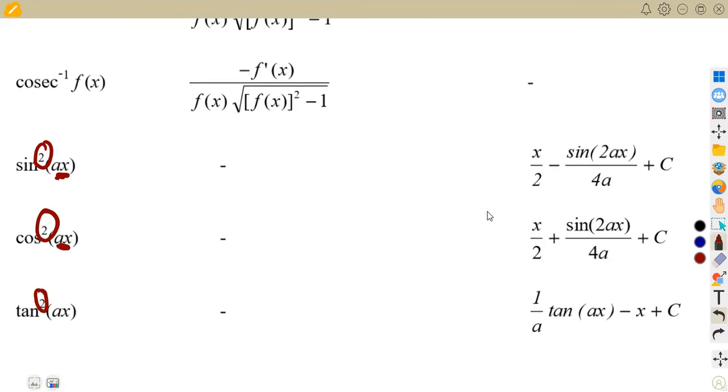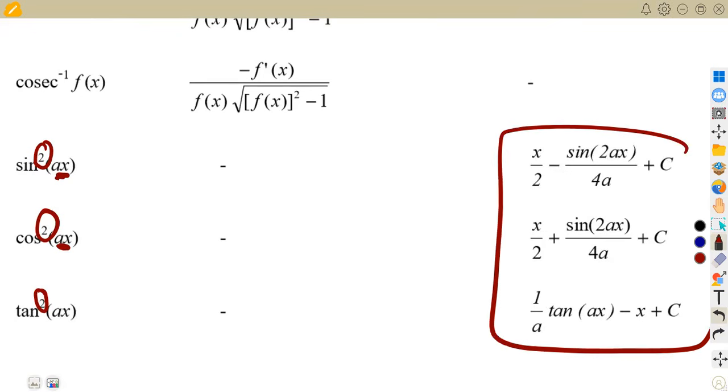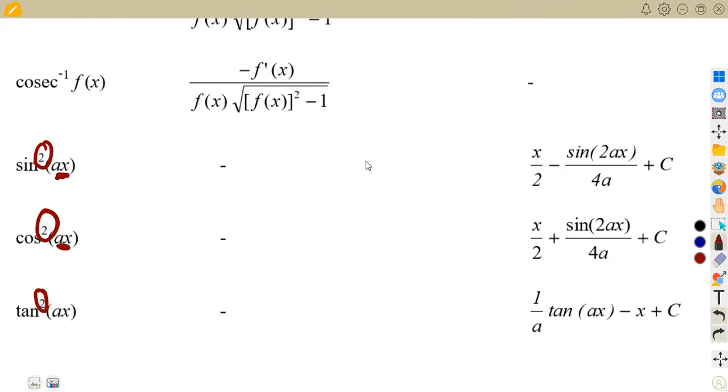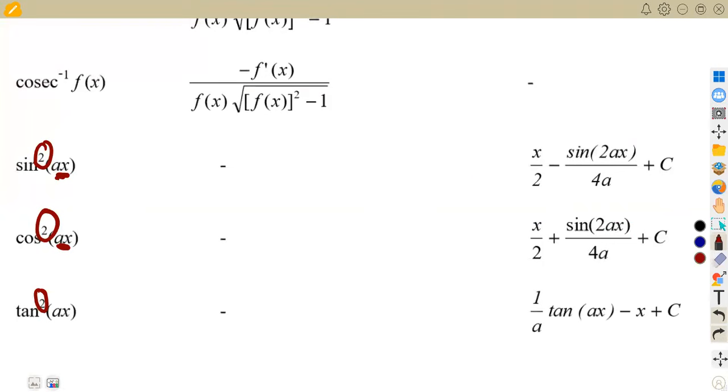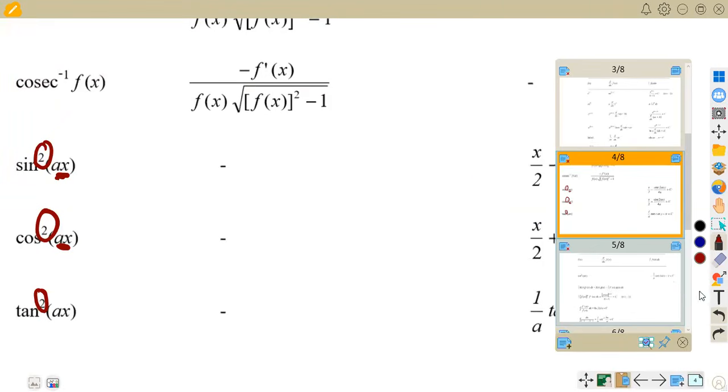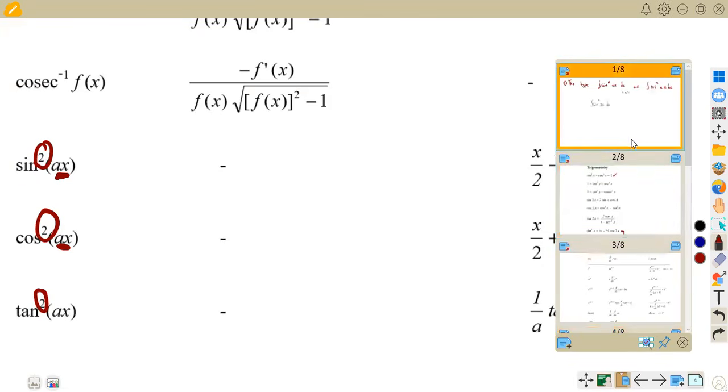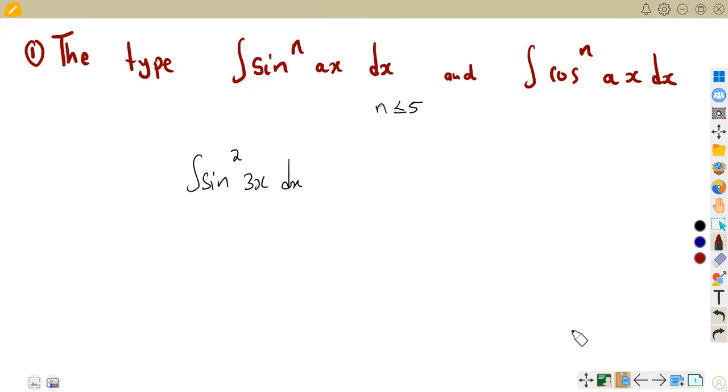So for sine ax, you're going to use this formula. So there is no need, in your simplification or in the integrals that you're going to have, for you to worry about knowing how to integrate sine to the exponent of 2.